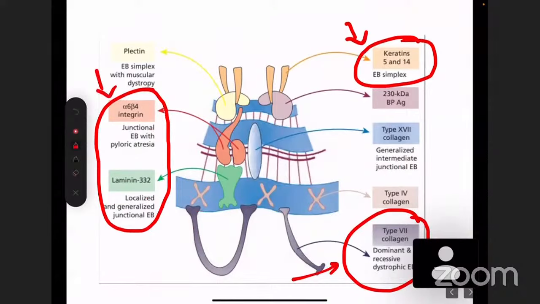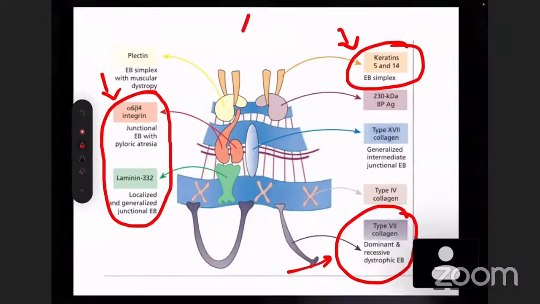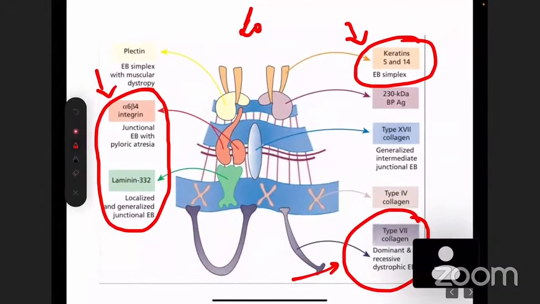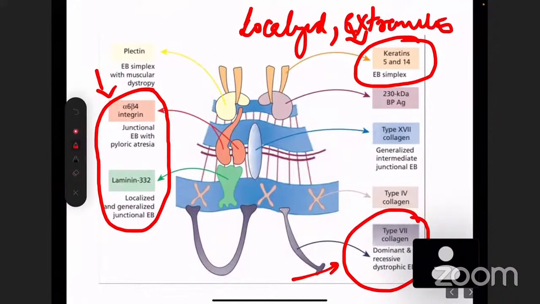Just to very quickly sum up the clinical features, epidermolysis bullosa simplex: how do the children present? With localized blisters, usually on the extremities. How do children with junctional EB present? All the three types of EB present with blisters on the skin and the mucosa.